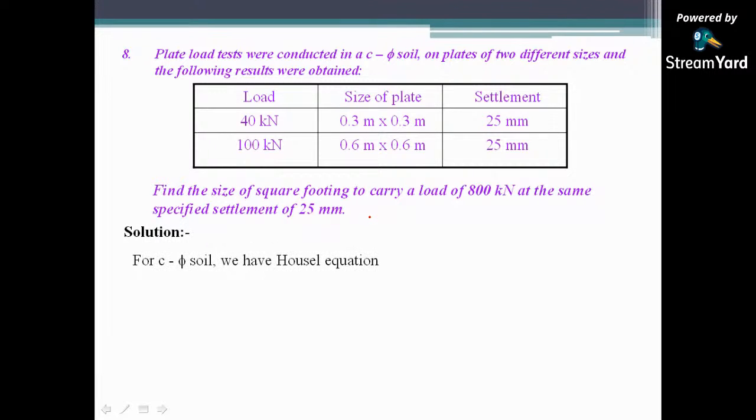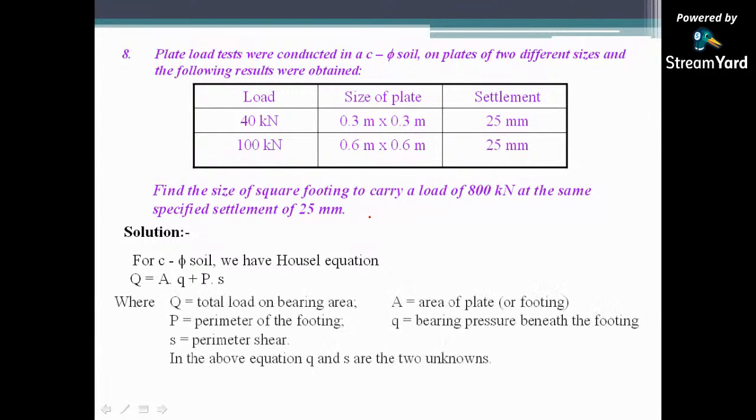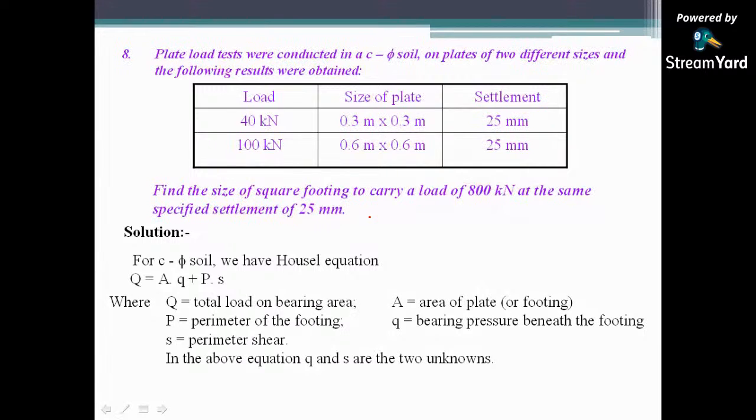Solution: for c-phi soil, we have Housel's equation, Q equals A into q plus P into s. Q is the total load on the bearing area, A the area of the plate, P the perimeter of the footing, q the bearing pressure beneath the footing, s the perimeter shear. In the above equation, q and s are the two unknowns.